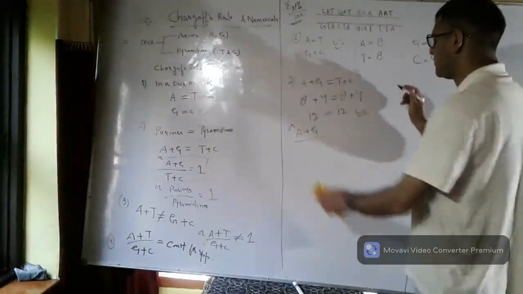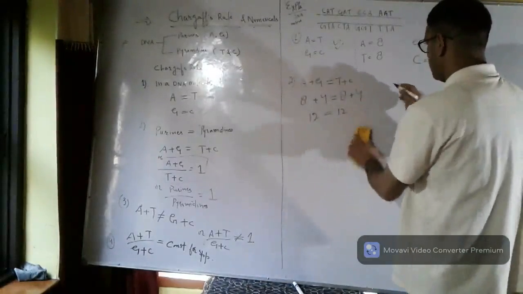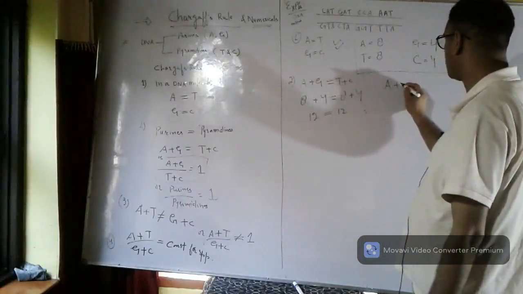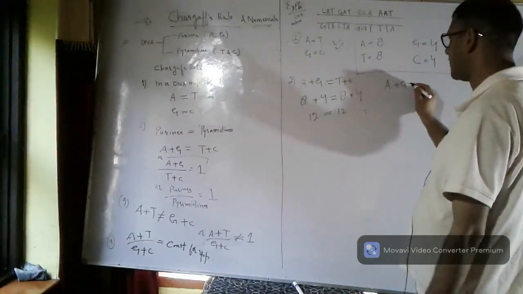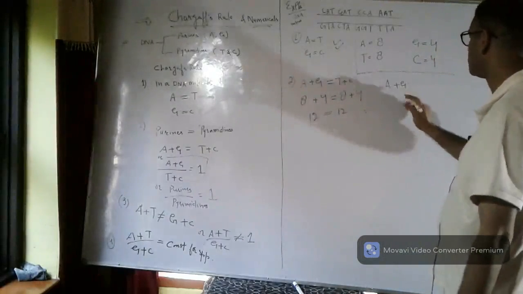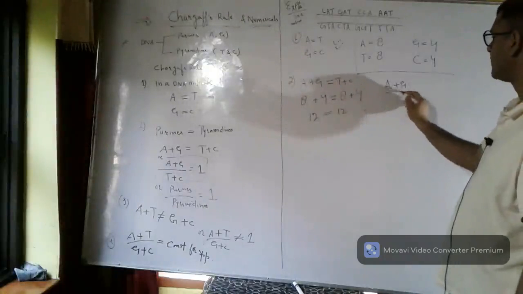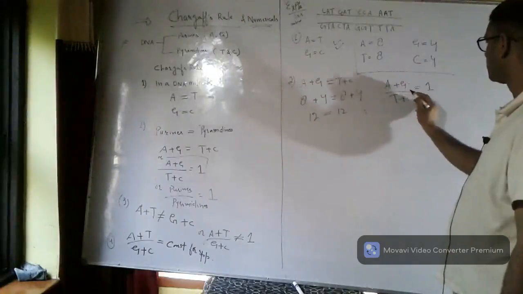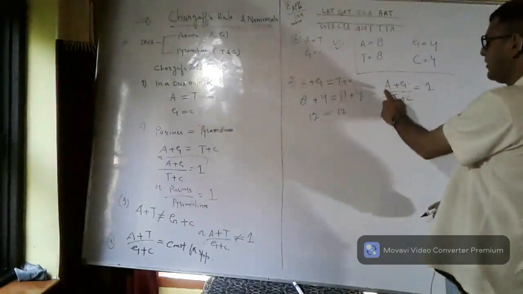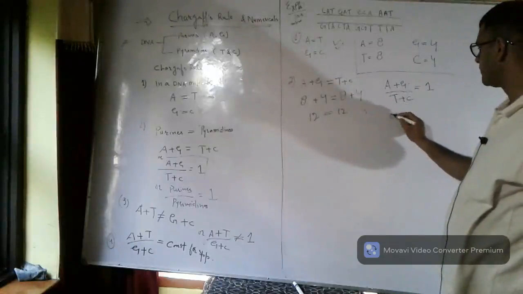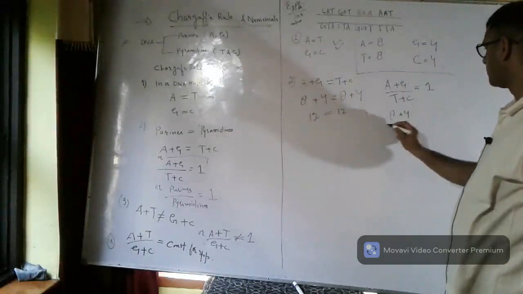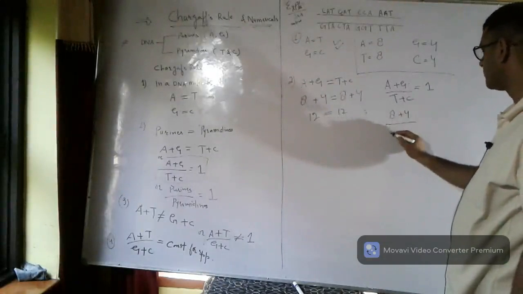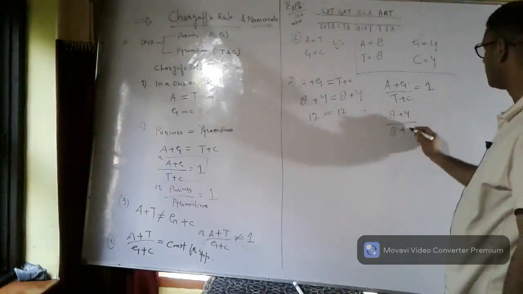Or we can take the base ratio here. Adenine plus guanine by thymine plus cytosine is equal to 1. So how many adenine are there? Adenine are 8, guanine are 4, thymine are 8 and cytosine are 4.